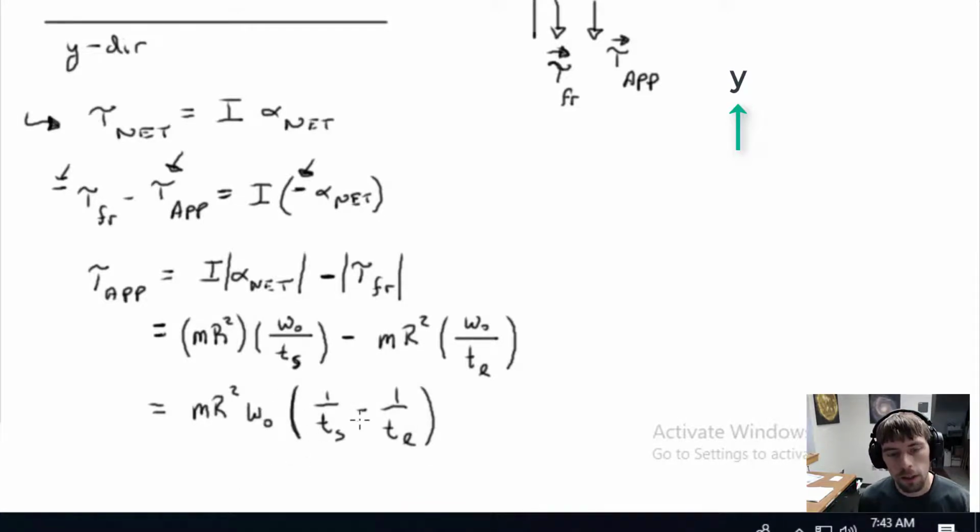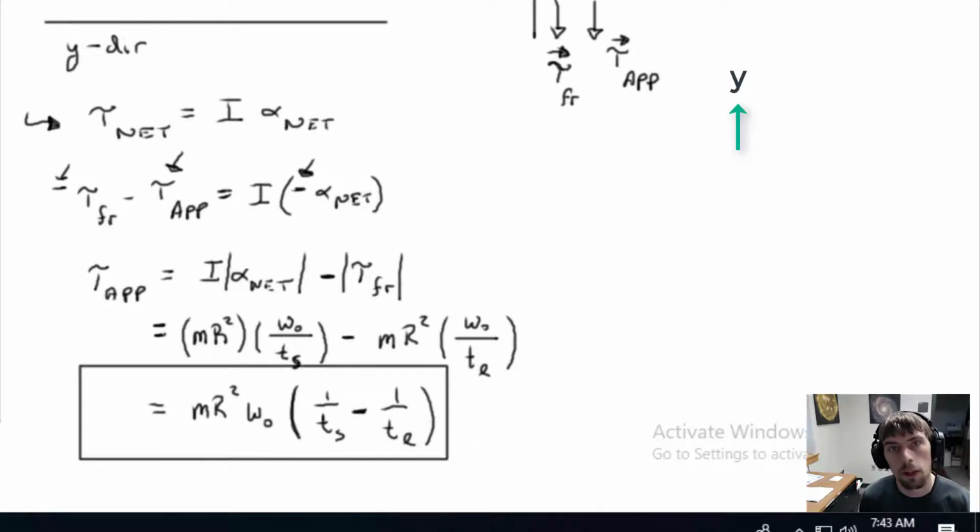So if you don't want to introduce any kind of rounding errors or anything, here is the equation that we would use to actually calculate everything in one go.